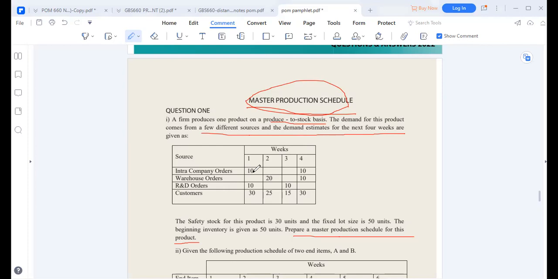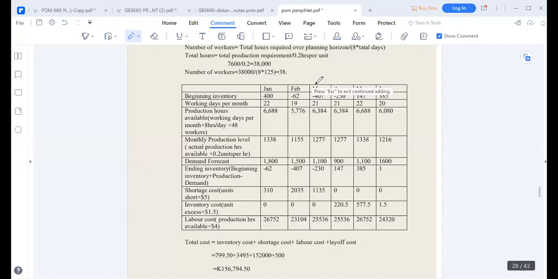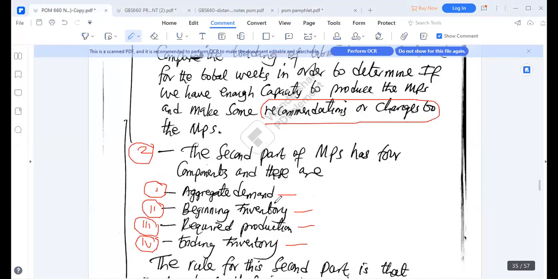The first one, like I mentioned, is the aggregate demand, then the beginning inventory, the required production, and the ending inventory.